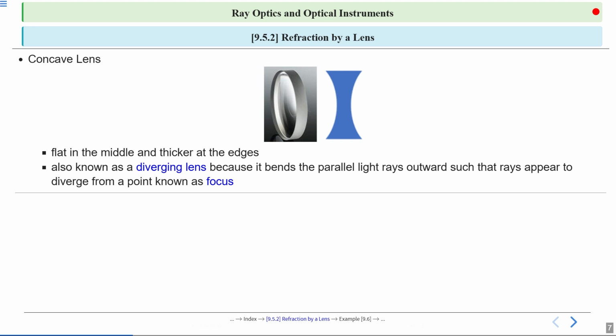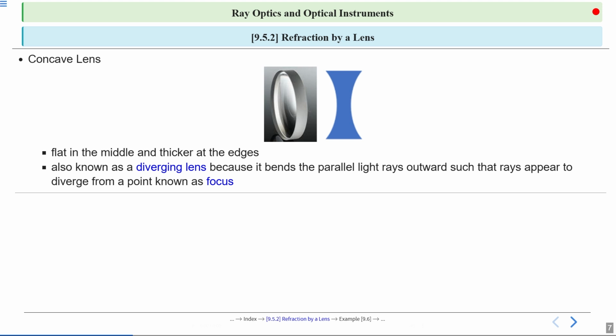Okay, convex lens bends the parallel light inwards and converges the light rays that are coming parallel to the principal axis to one point after refraction. But concave lens bends the parallel beam coming from the source outwards after refraction, such that they appear to diverge from a point known as focus.